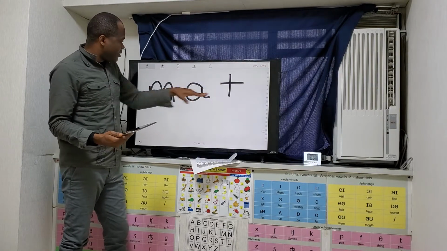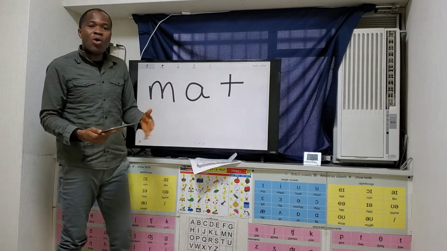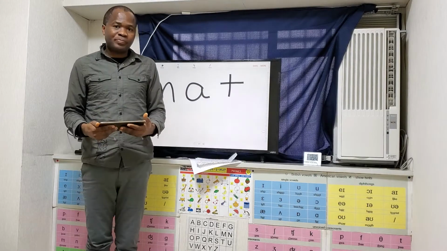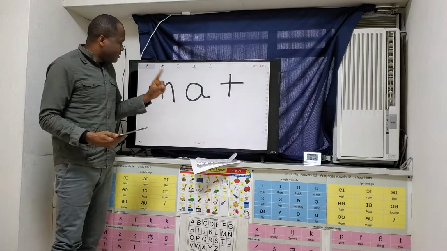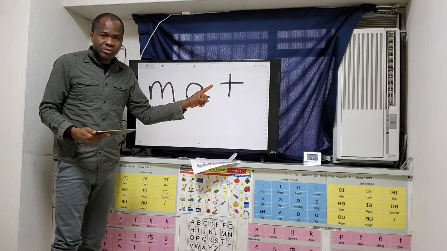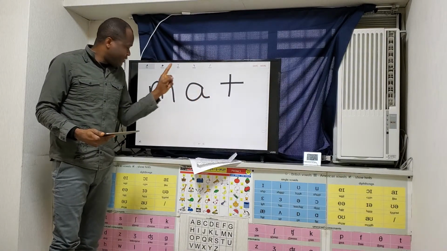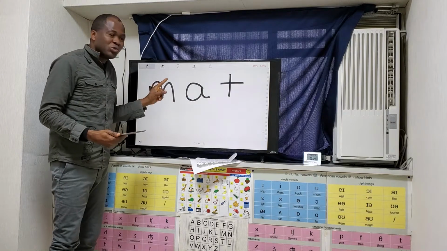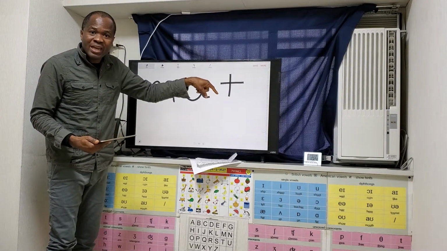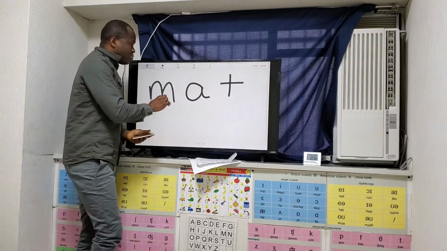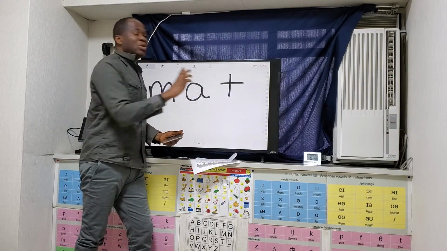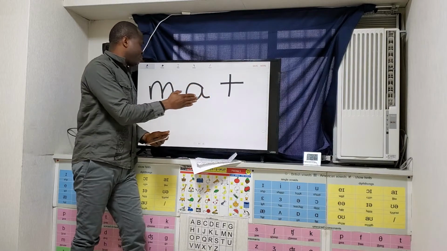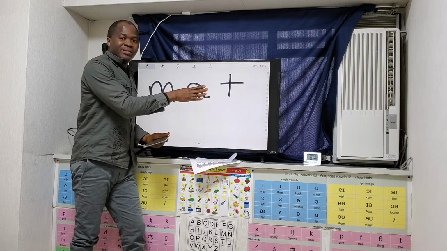This one that you see here is what we call a grapheme. So remember, this is not a sound. It's just a letter that I use to represent the sound. So if I want to pronounce this one, I'm not going to say at, no, it's mat.